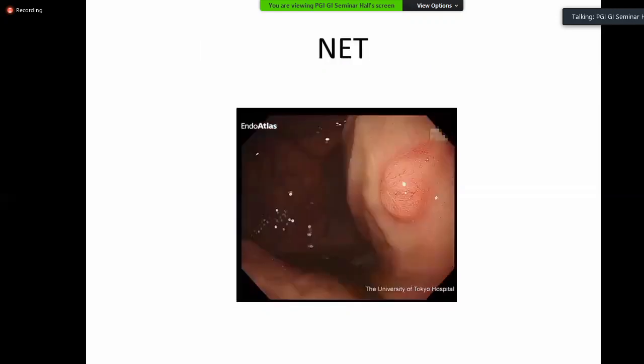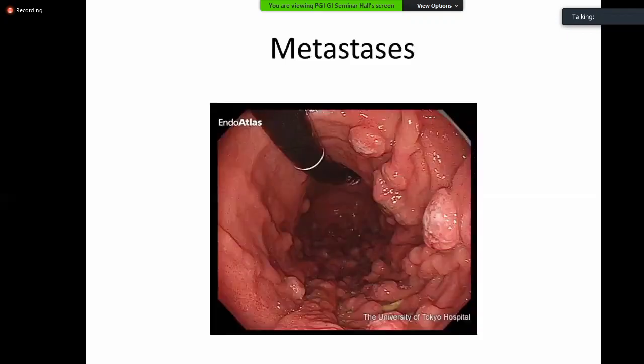Neuroendocrine tumor, submucosal lesion, again a 1 centimeter small submucosal lesion along the lesser curvature. Multiple small elevated lesions, polypoidal lesions. This can be polyposis, this can be hypertrophic gastritis, or in this case it was metastasis from lung.